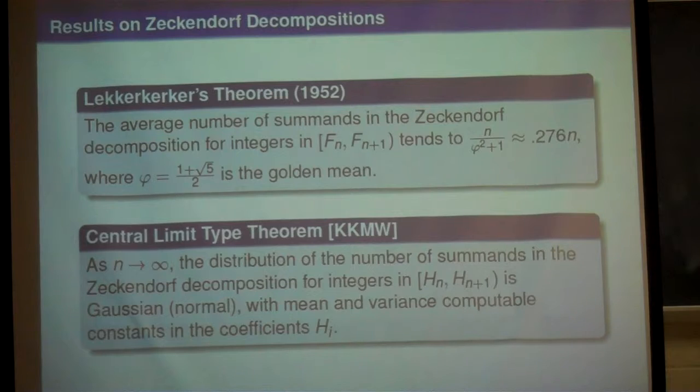It turns out that the answer is n over (phi squared plus 1), where phi is the golden mean, or the eigenvalue associated to the Fibonacci recurrence relation. Further, as was worked out by people from SMALL, including Professor Miller, as n goes to infinity, the distribution of the number of summands in the Zeckendorf decomposition is normal.